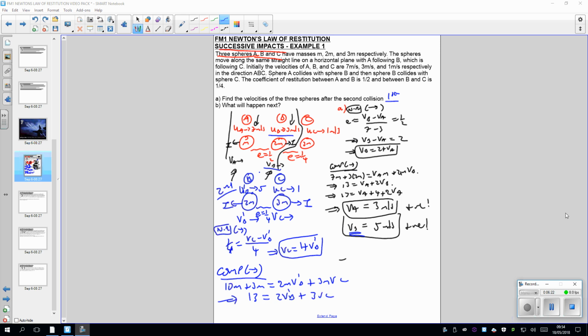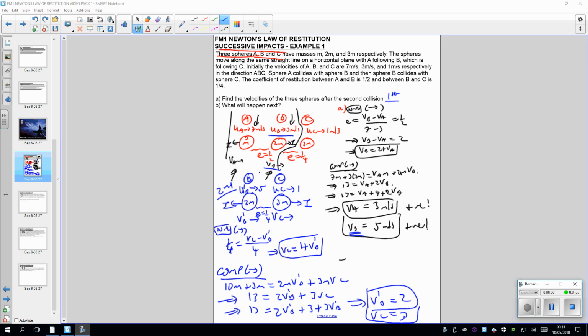We know that VC is 1 plus VB dash, so 13 equals 2 lots of VB dash plus 3 lots of VC, so that's 3 plus 3VB dash, and this means we get VB dash equals 13 take 3 is 10, divided by 5 is 2. So VB dash is 2, and VC then must be 1 plus 2, so 3. Again, they have not changed direction because I assumed it was all going to the right.